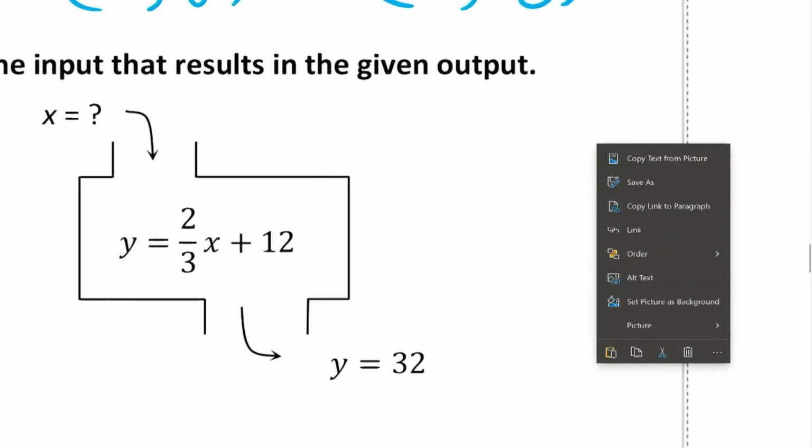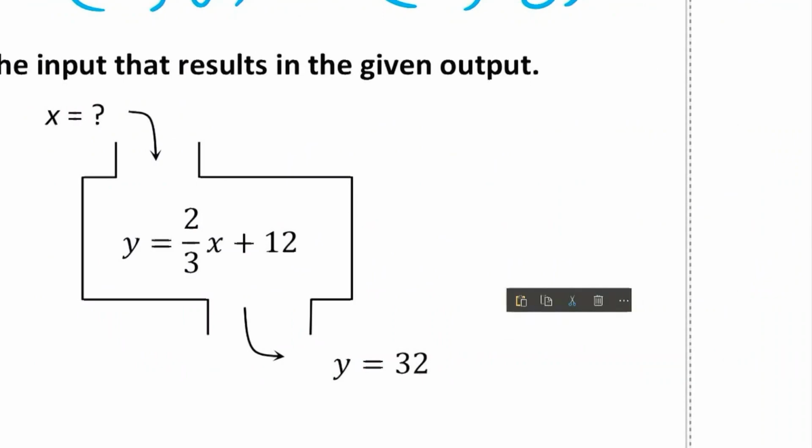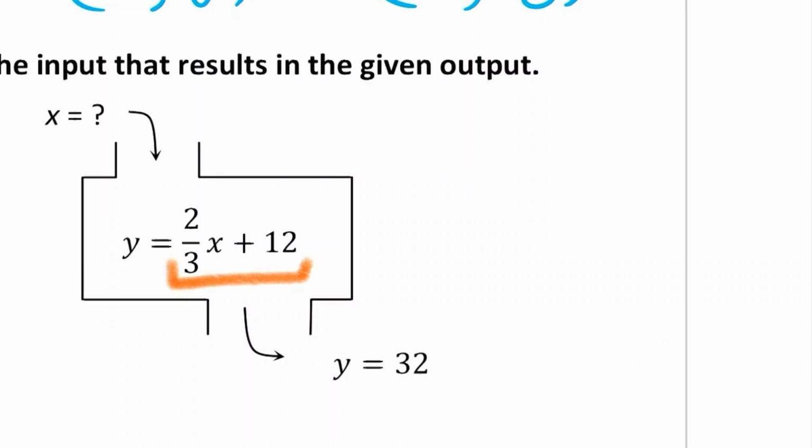This one, probably a nice thing to do is to just show, look, this is the definition of this function. This function takes 2/3 of the input and then adds 12 to that. I'm trying to make the output of this function become the number 32.